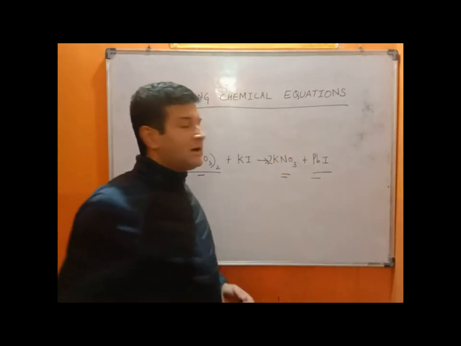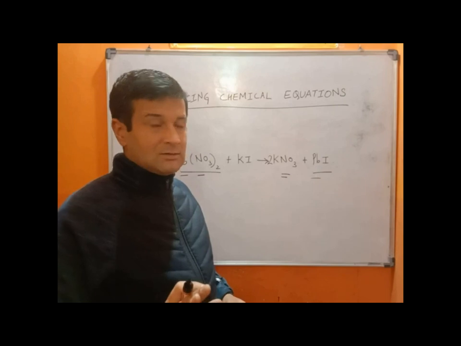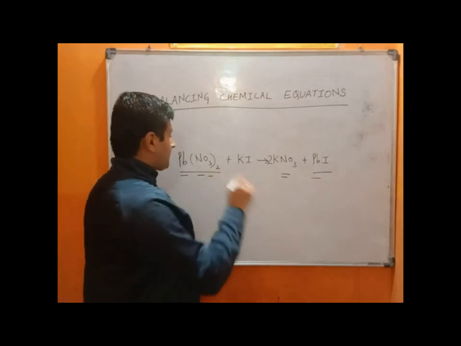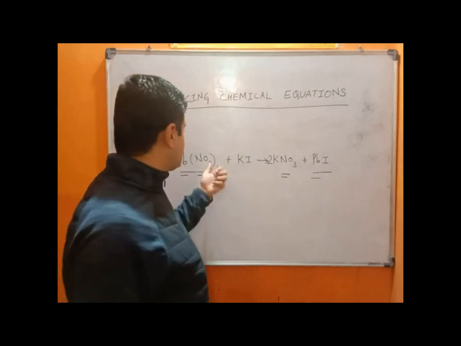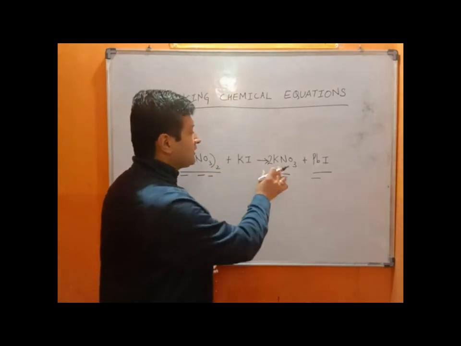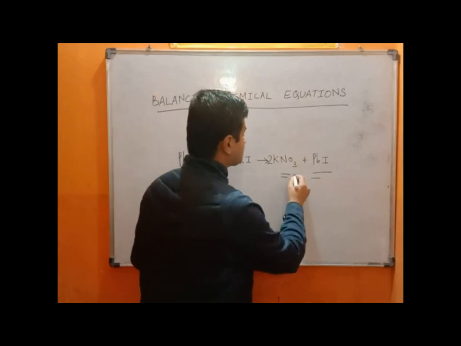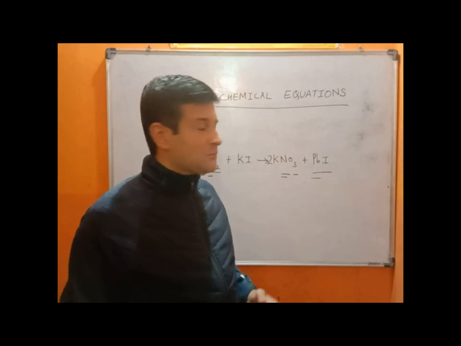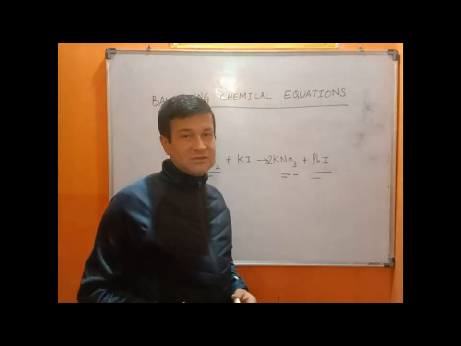So the number of nitrogen is balanced. Now moving on to oxygen. You have 6 oxygen atoms, and over here you have 6 oxygen atoms on the product side as well. So the number of oxygen atoms is balanced.